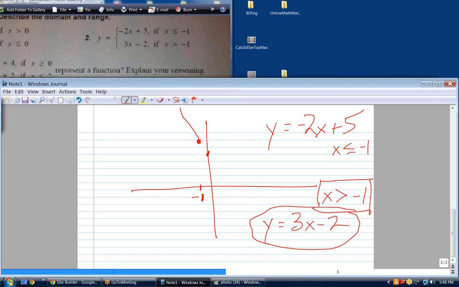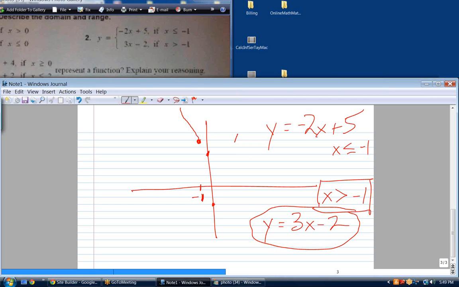How would I plot y equals 3x minus 2? How do you start? The y-intercept is -2. Okay, so that goes through that point right there. What's the slope? 3. Positive 3, which is a steeper slope than this one.